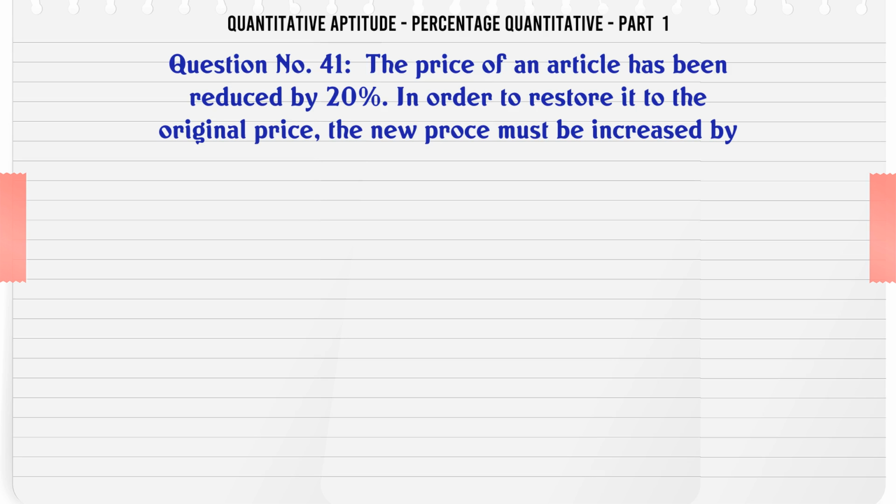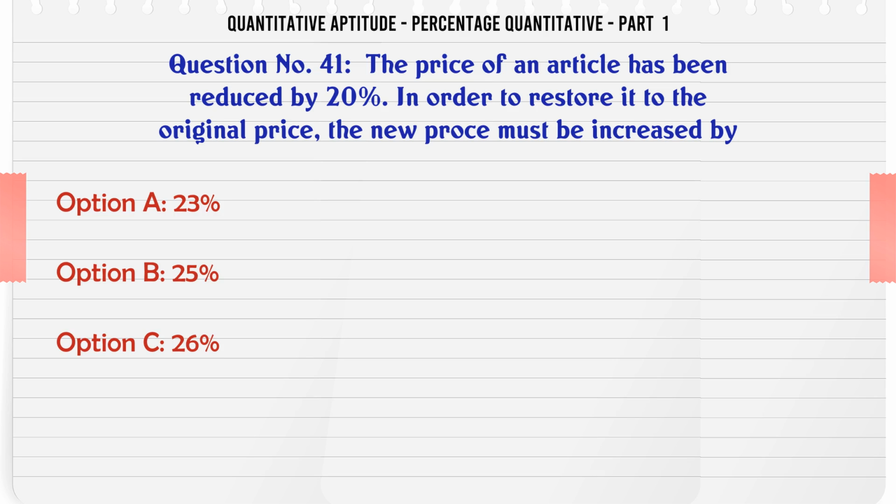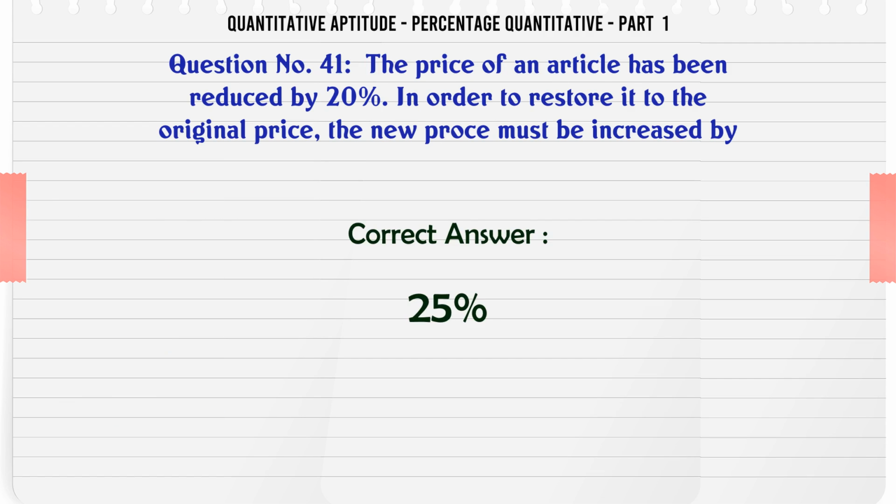The price of an article has been reduced by 20%. In order to restore it to the original price, the new price must be increased by A. 23%, B. 25%, C. 26%, D. 27%. The correct answer is 25%.